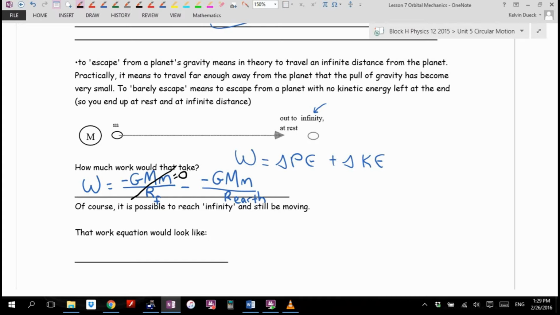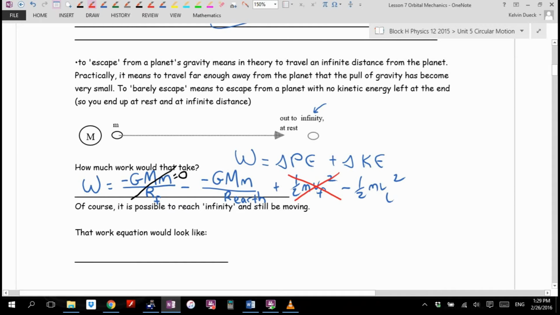Is that okay? Change in kinetic, so we have plus KE final minus KE initial. Although we also said, Vikas, that we want to not be moving. So if you want the work equation, I guess it would be Manny minus minus, which is a plus, big G, big M, whatever mass you're moving, over R Earth, minus however much kinetic energy you want it to start out with here on Earth.